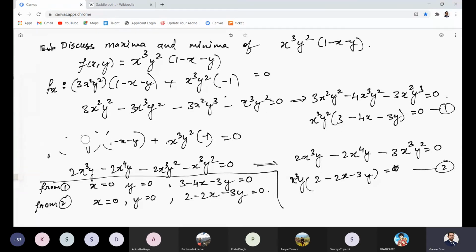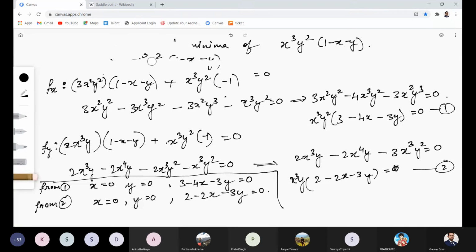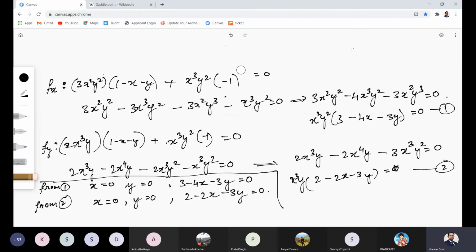So how can we get the stationary points? I hope you are not writing so that I can rub this. Yes, tell me the stationary points now here. How can we get the stationary points in this?